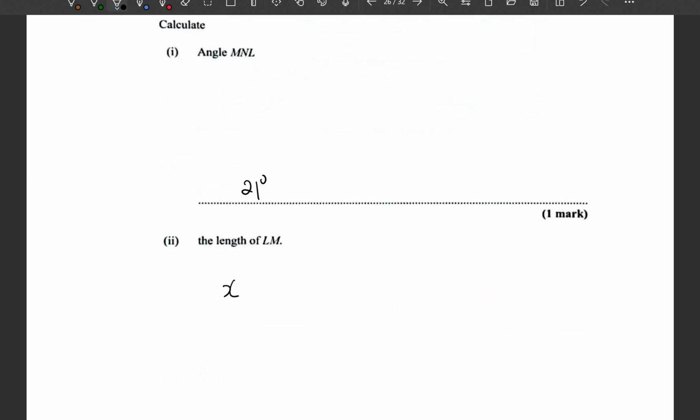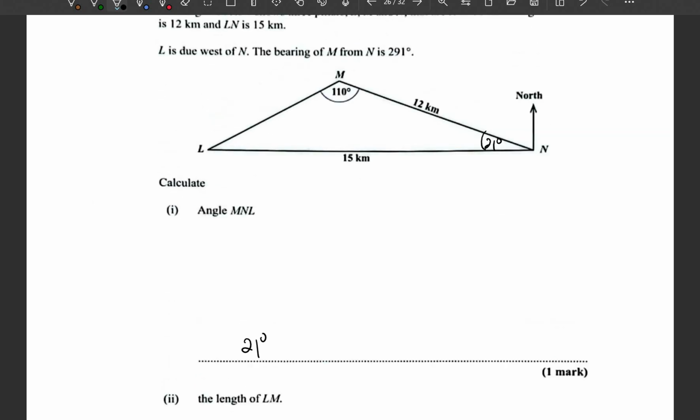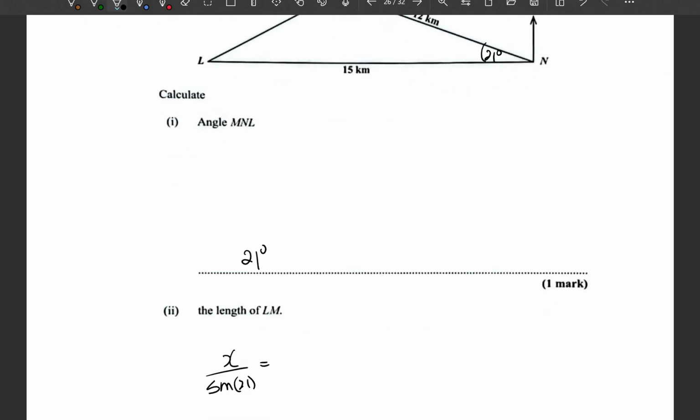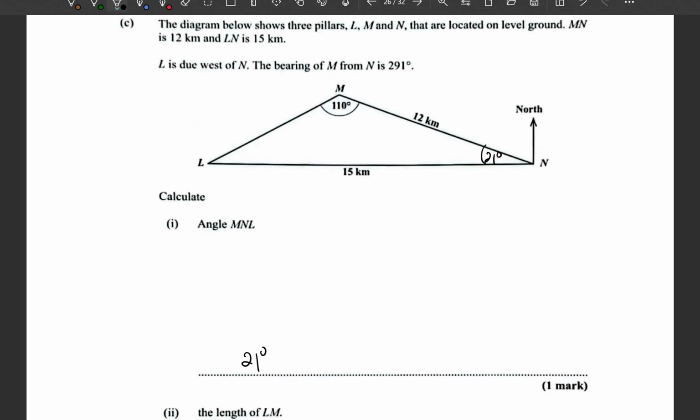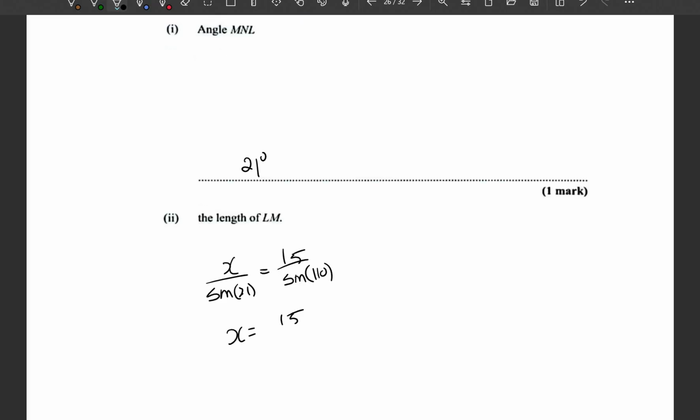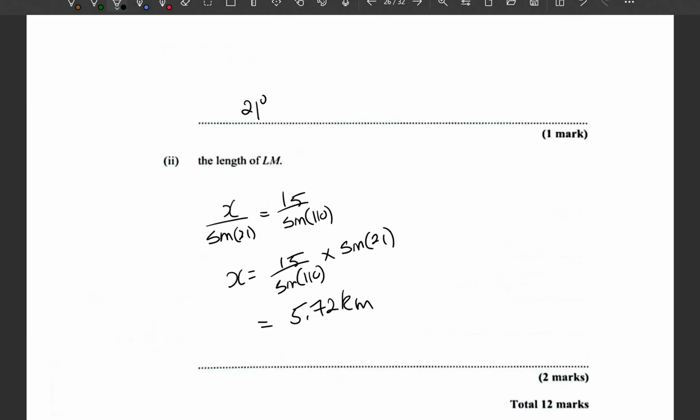So x divided by sine of the angle opposite to it, that's 21, would be equal to 15 over the sine of the angle opposite to 15, which is 110. So x would then be 15 over sine 110 multiplied by the sine of 21. Working this out on the calculator, that's around 5.72 kilometers.